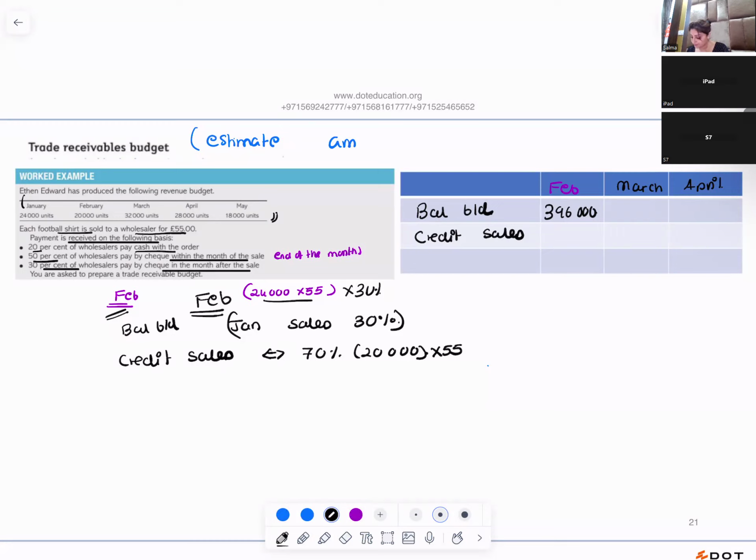Think properly. Calculate properly. 20,000 into 70% into 55 gives you 770,000. I already did 70% for the units, so it gives me 770,000.